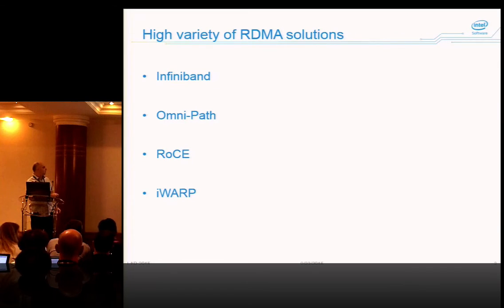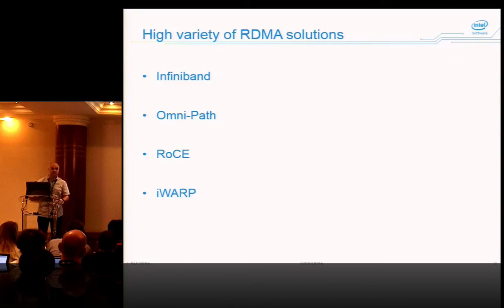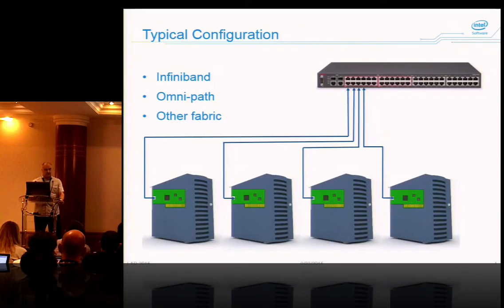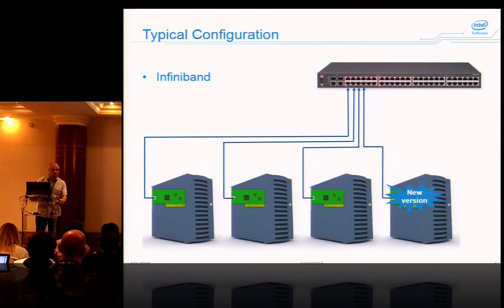Most solutions right now are based on InfiniBand, but the new techniques became more and more important, and probably in the nearest future you will encounter them also. So the typical cluster configuration is you have a lot of nodes with a single switch, and you can encounter the situation when one or maybe a few nodes will be upgraded with a new version of cards.